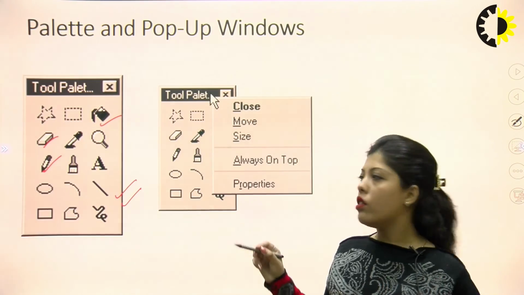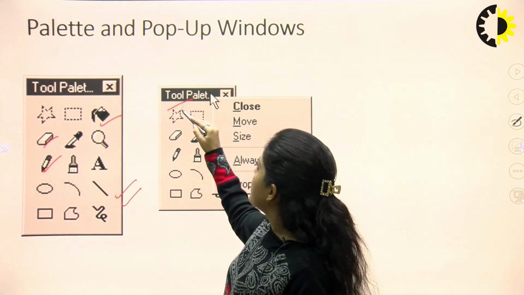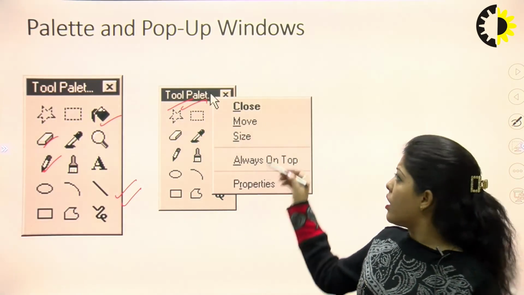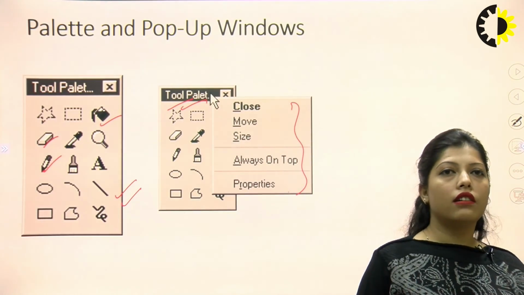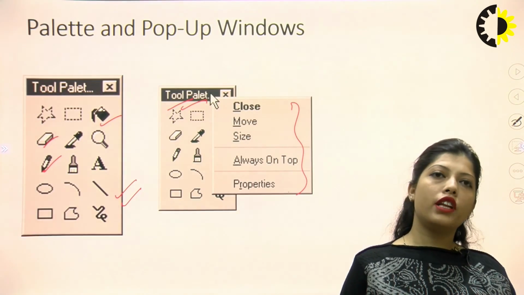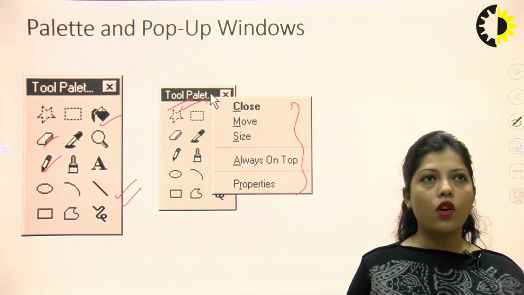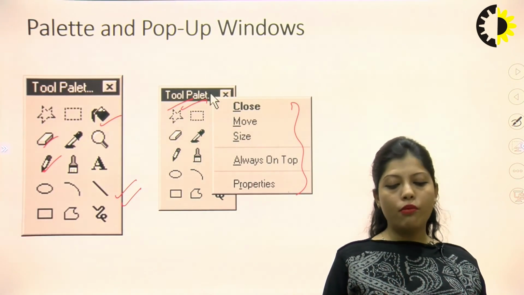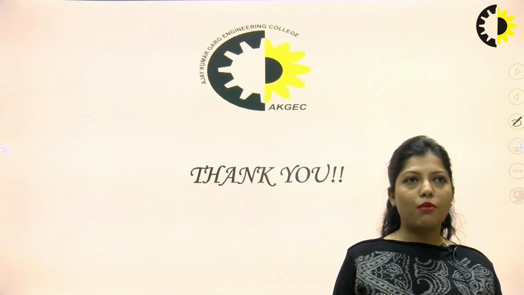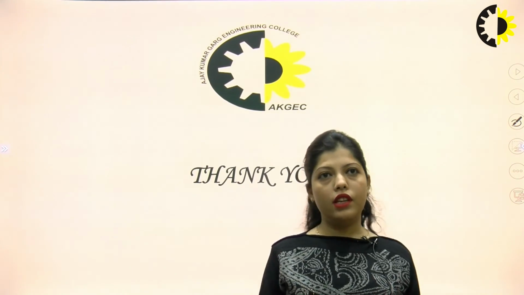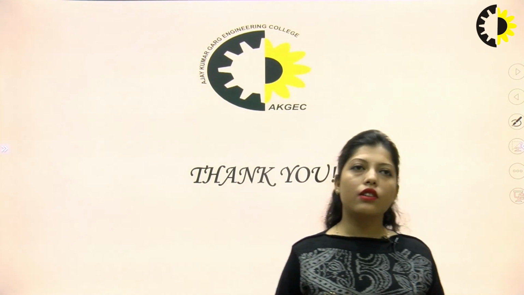Similarly, other options are available. Next, color palette options are also available. So this is the look of the palette. This is the type of windows which we studied in this lecture. Okay, thank you.